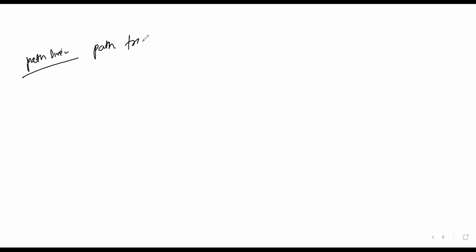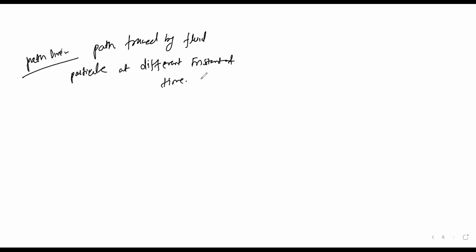So the path traced by a fluid particle at different instants of time is called a path line.